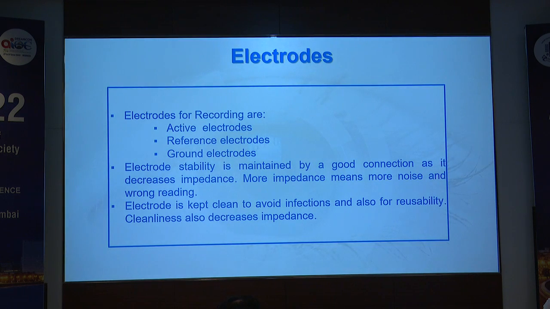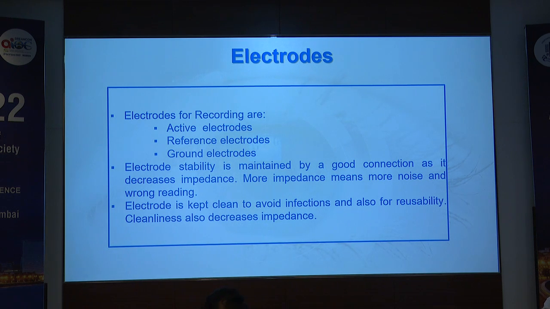Now, there are basically 3 different kinds of electrodes that we use. These are the active, reference, and the ground electrode. The active electrodes are those electrodes that capture the stimulus from the retina and the surrounding. The reference electrodes are those electrodes that capture the stimulus from the surrounding, and then we have got the ground electrodes.